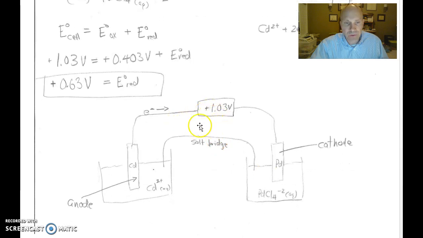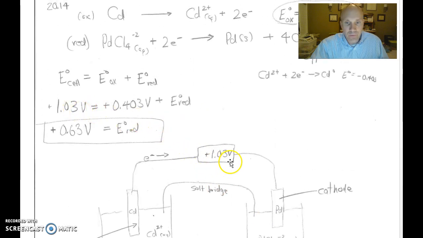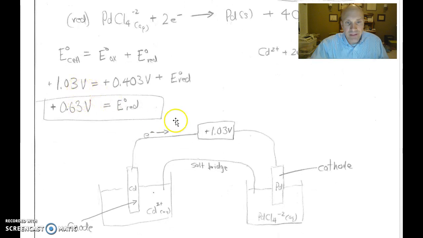Anyways, the electrons are going this way, and what this would register is plus 1.03 volts, because that was the voltage of the entire cell. One thing I want to point out is that in order for this to be the voltage, notice it has this little degree mark, which means this is conducted under standard conditions.